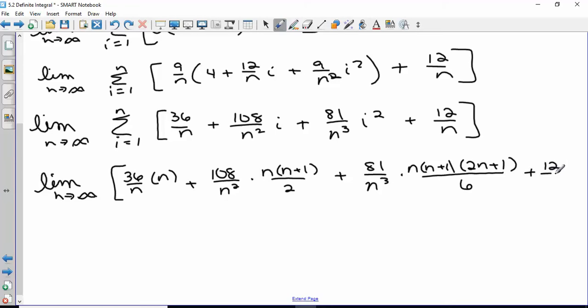And 12 over n would just be multiplied by n. The n's would cancel on the first and last term, so you're left with 36 plus 12, so that's a 48.